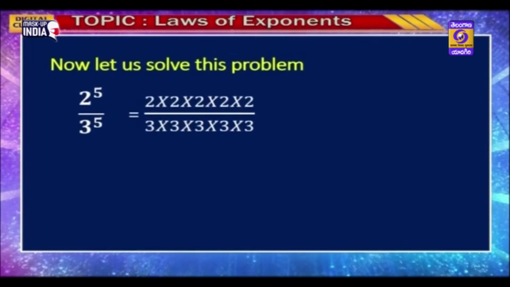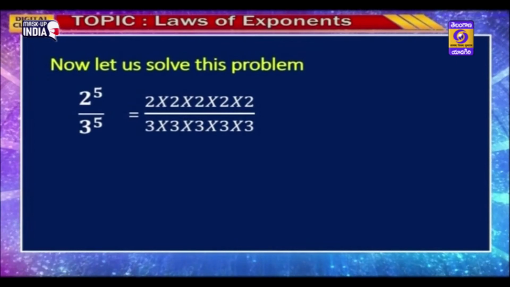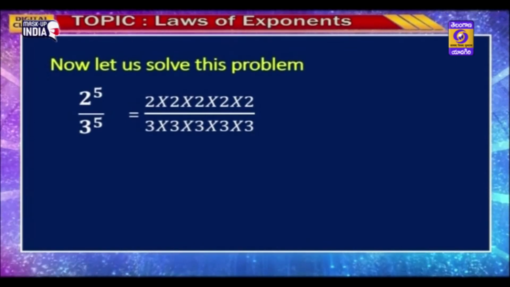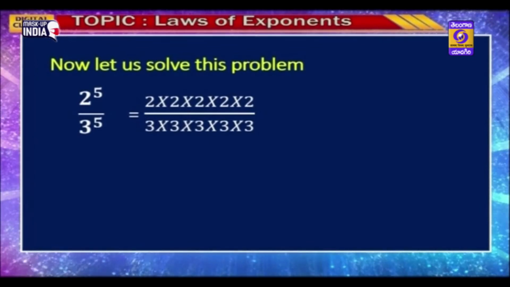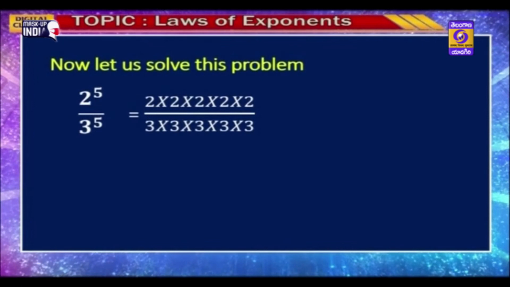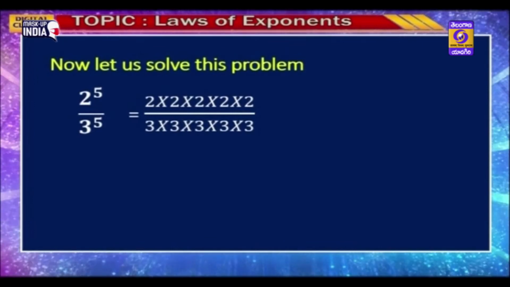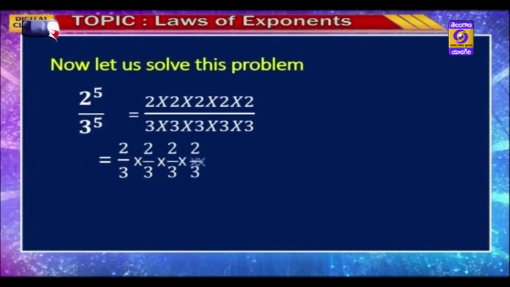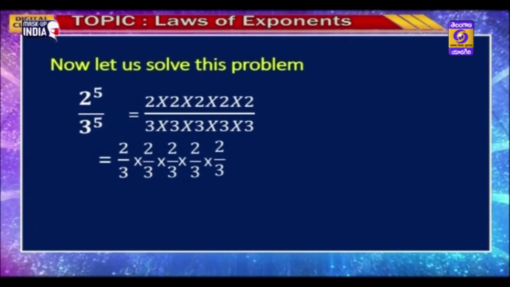2 to the power of 5 can be multiplied 5 times like 2 into 2 into 2 into 2 into 2 like this, and the denominator is also 3 to the power of 5, so 3 is multiplied 5 times. Now we'll separate them like this: 2 by 3, 2 by 3, 2 by 3, 2 by 3's. How many are there?